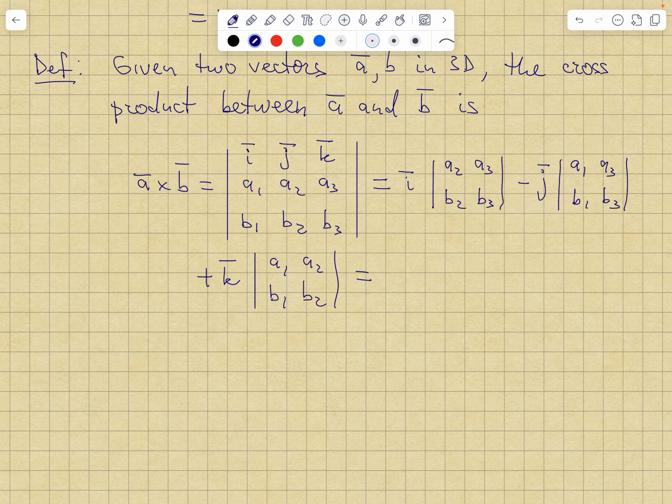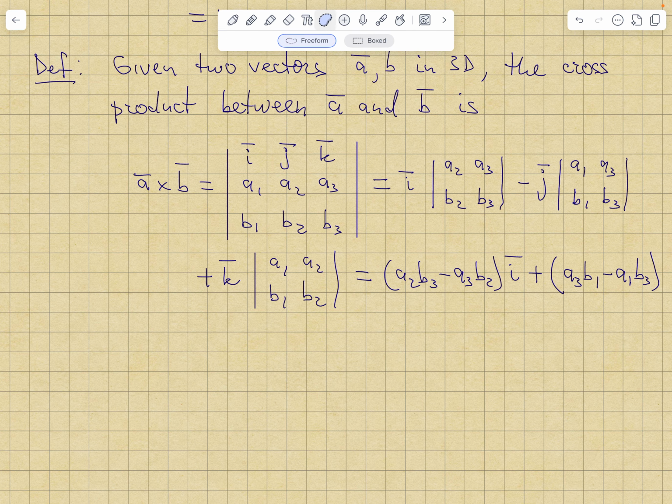Now if we compute this, we have (A2 B3 minus A3 B2) i plus, okay, A1 B3 minus A3 B1 is my second determinant, but it's multiplied by a minus sign, so if I distribute the minus sign, I get (A3 B1 minus A1 B3) j.